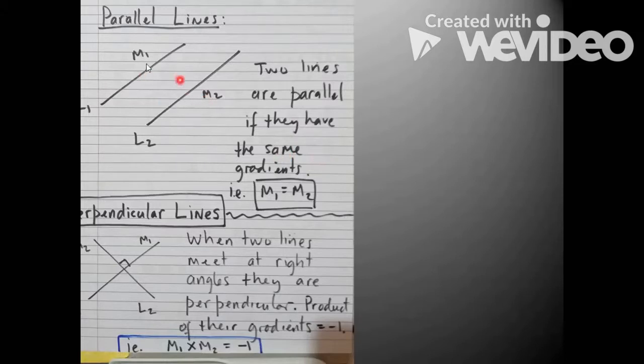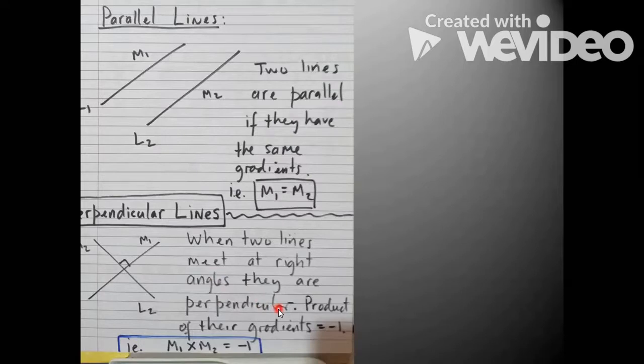Each line has its own gradient. Now, if two lines have the same gradient, it just means that they are parallel. So hence, M1 equals M2. Pretty straightforward. Perpendicular lines. Now, perpendicular means right angles. So when you have two lines that meet at right angles, they are perpendicular.